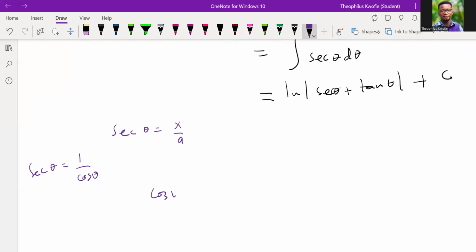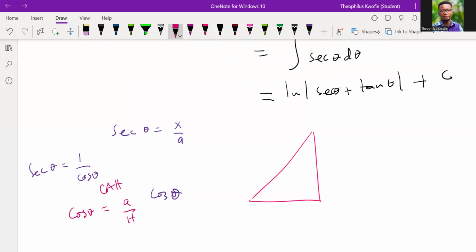And now what will be my cosine? Now I need to draw. So we need to draw to be able to find it. Remember that cosine is always adjacent over the hypotenuse, okay?